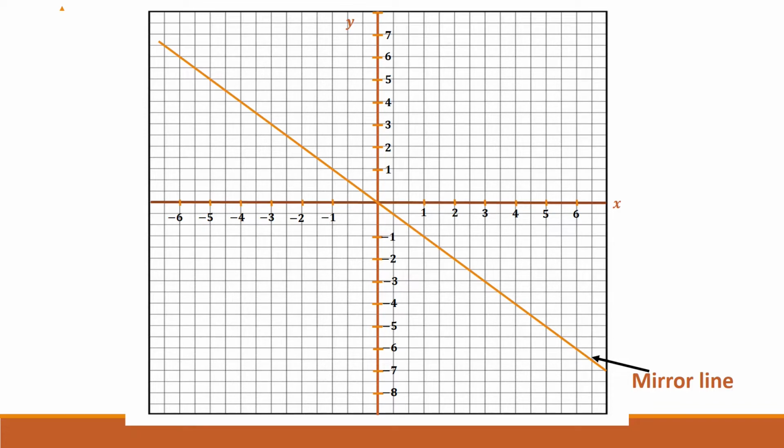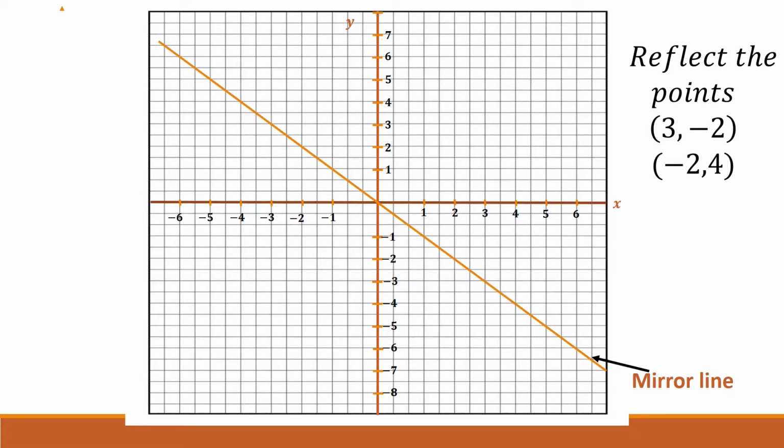Now let's solve some examples under reflection in the line y equals negative x. And so if the mirror line is known already, how do you perform the reflection? And so let's reflect the point 3, negative 2, which is the first point. Then the second point is negative 2, positive 4. So when we are reflecting, remember we are reflecting in the line y equals negative x.